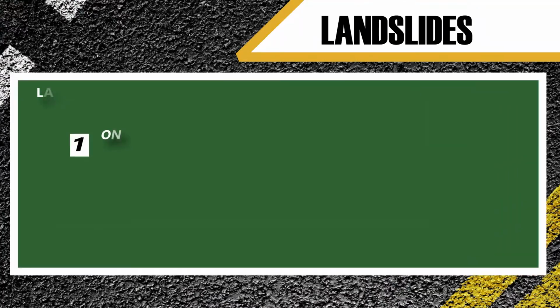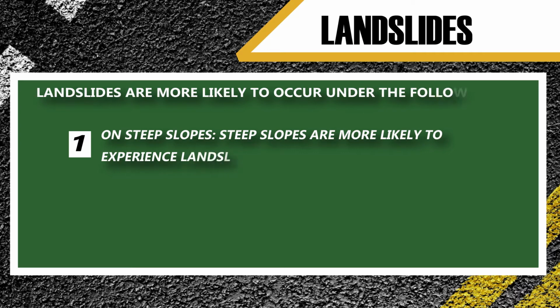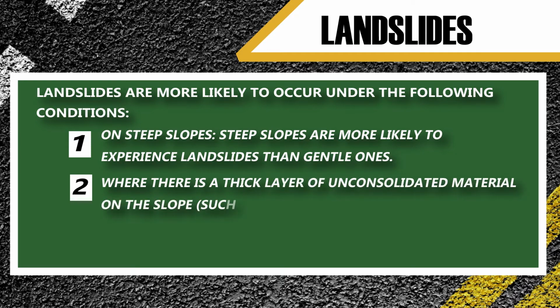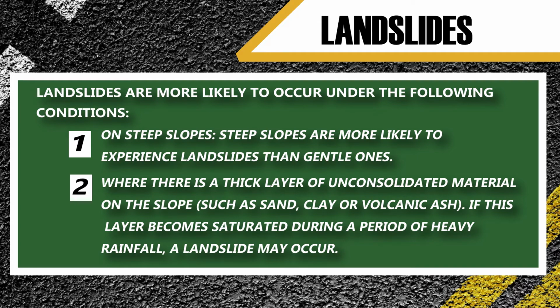Landslides are more likely to occur under the following conditions. First, on steep slopes. Steep slopes are more likely to experience landslides than gentle ones. Number 2, where there's a thick layer of unconsolidated material on the slope, such as sand, clay, or volcanic ash.